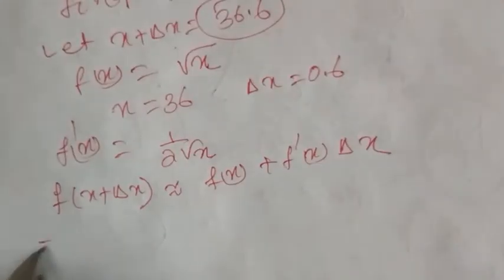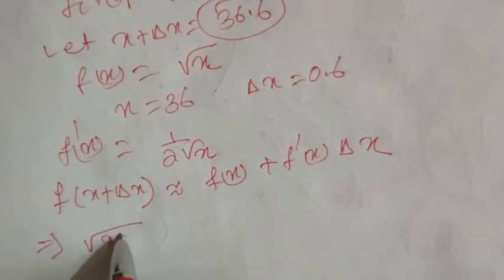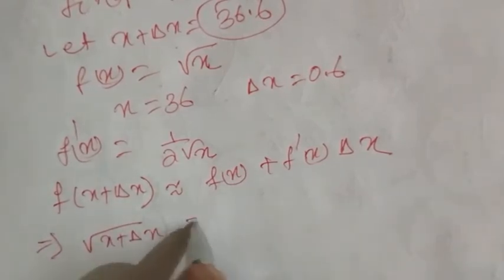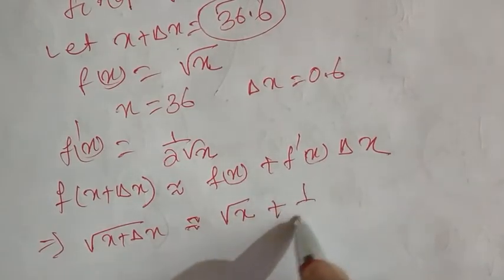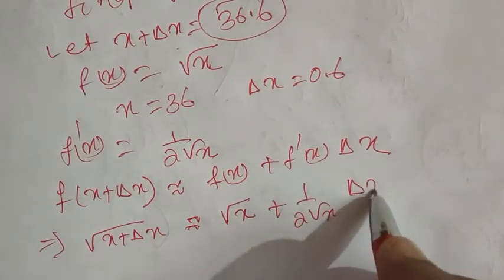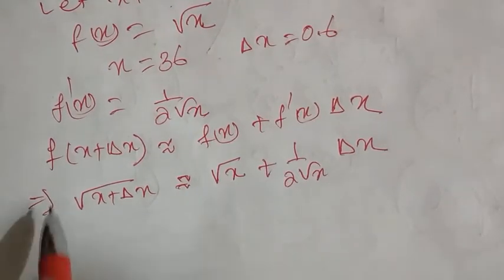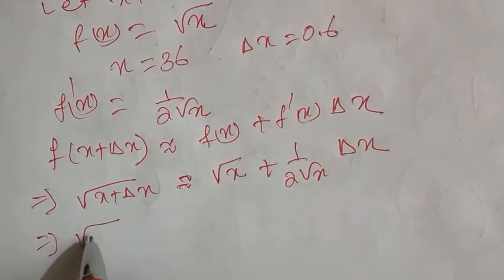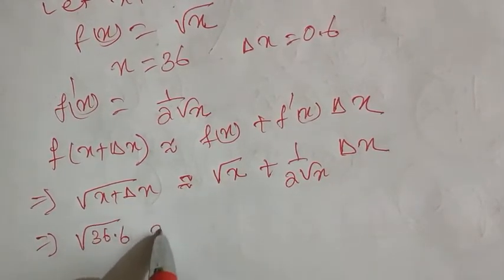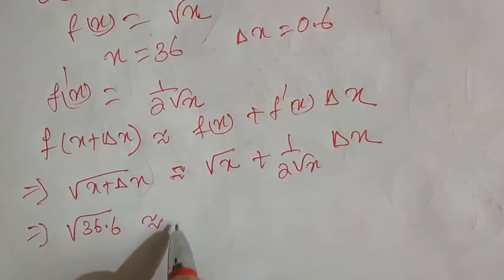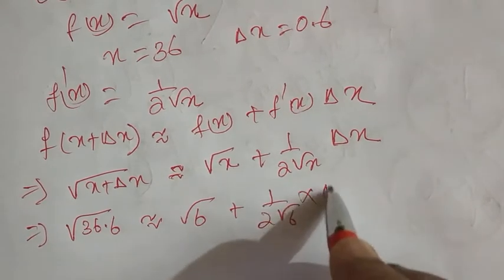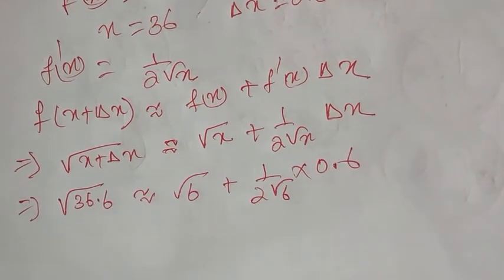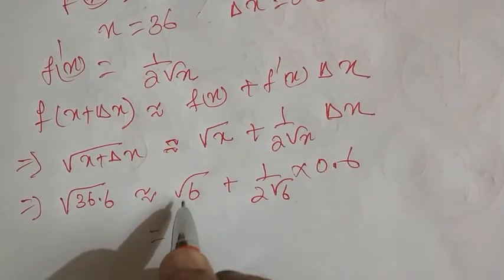So I write root of x plus delta x is approximately equal to root of x plus 1 by 2 root x delta x. Am I right? That implies root of 36.6 is nothing but root of 36 plus 1 by 2 root 36 into 0.6. Very simple.